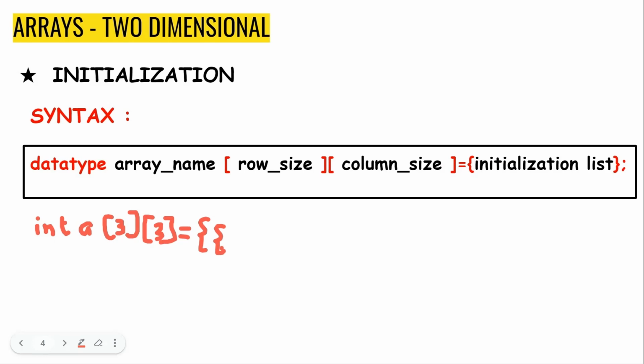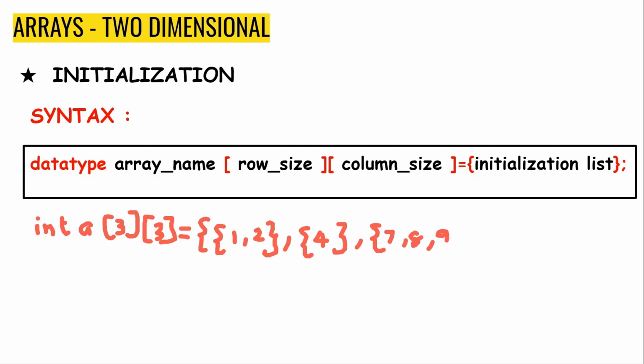The first row we are enclosing inside another curly bracket, giving only two values 1, 2. For the second row only one value 4, and for the third row 3 values 7, 8 and 9. You can see here for the first row we have not specified one value, and for the second row we have not specified two values. So those will be automatically set to 0.